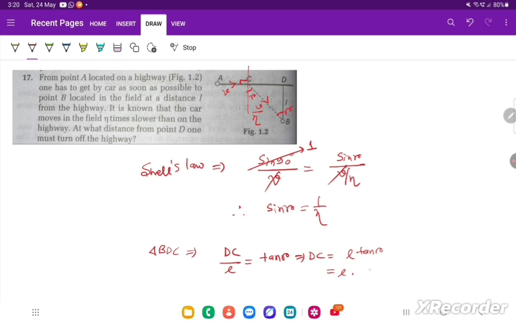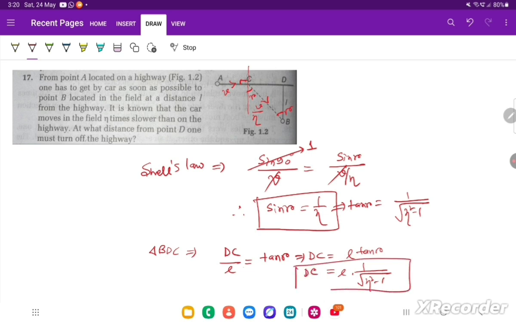And as sine R is 1 upon eta, tan R will be 1 upon root of eta square minus 1. So it will be L into 1 upon root of eta square minus 1, and we are asked to find DC. So this is our answer for this question.